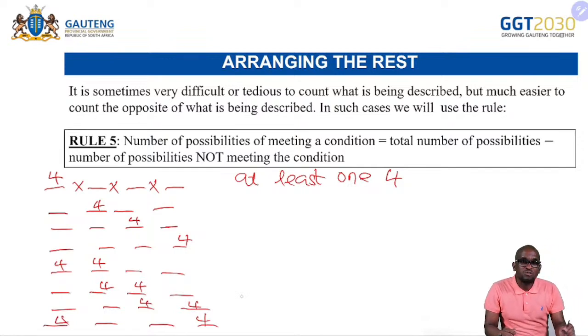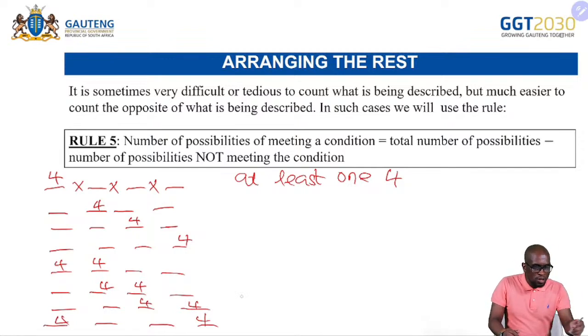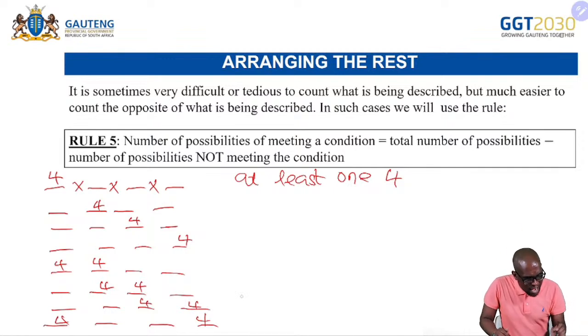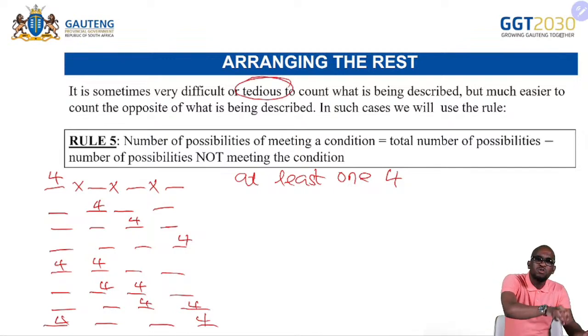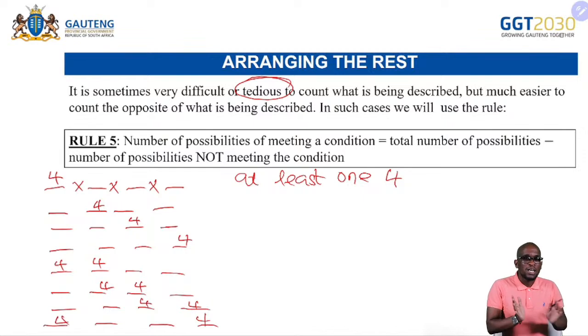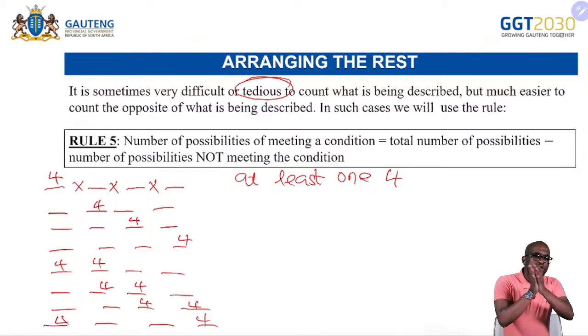So if you try to resolve this into possibilities, you can see that there would be many possibilities, and hence it becomes a very tedious task to count the codes that have at least 1 4. So it is better now to use the rule that says, let us have an arrangement that contains no restrictions, the total arrangement.